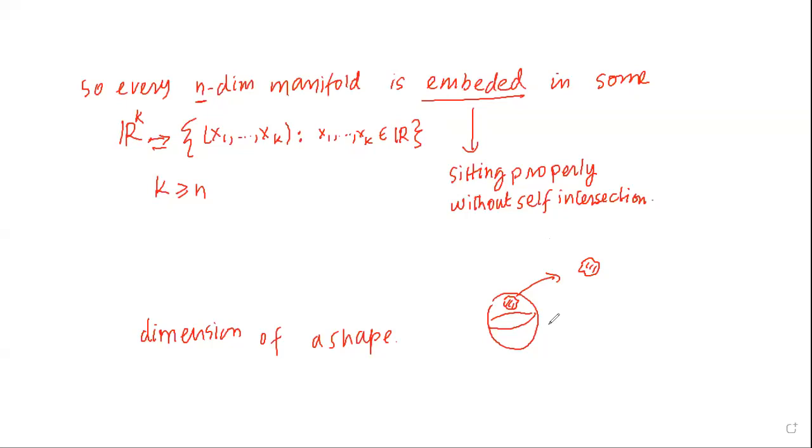So there is no concept of local dimension or global dimension. I'm saying that globally it is not a plane, but locally it is a part of it. It looks like a plane. Okay. It sits inside, it is embedded in 3D space.